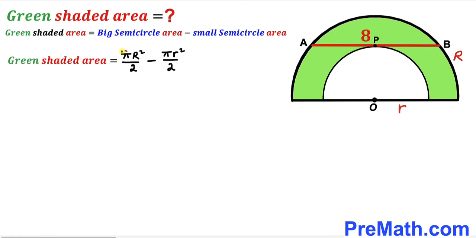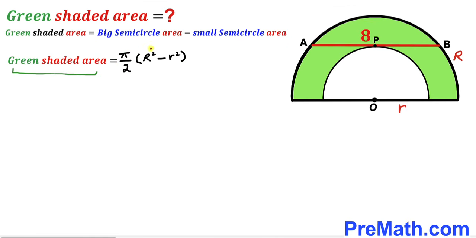We can see pi divided by 2 is common, so we could write this as pi divided by 2 times uppercase R square minus lowercase r square. Thus the equation for this green shaded region area turns out to be pi divided by 2 times uppercase R square minus lowercase r square.